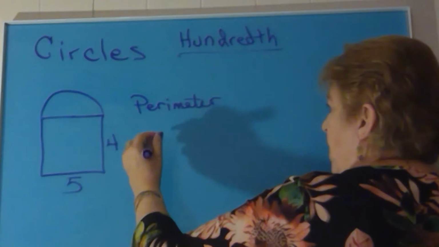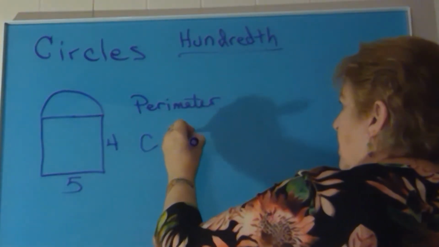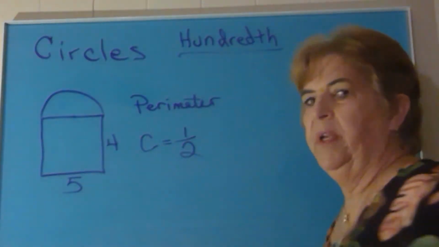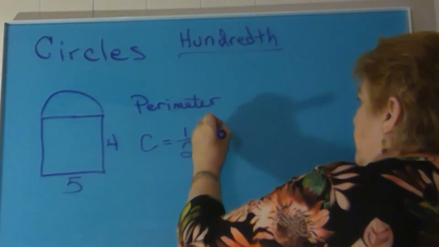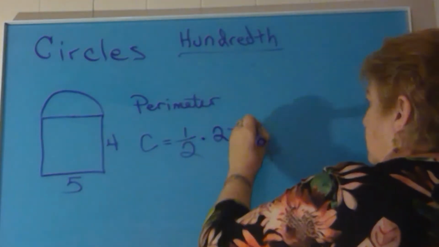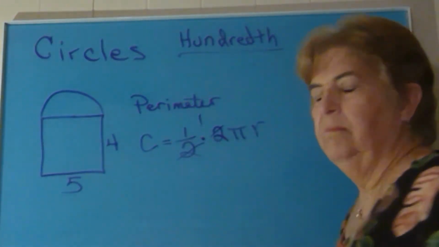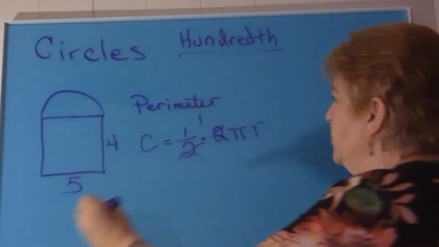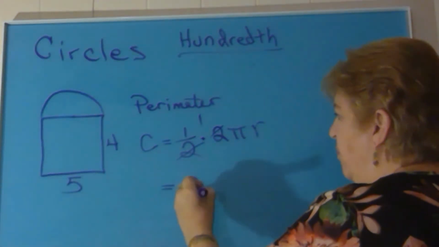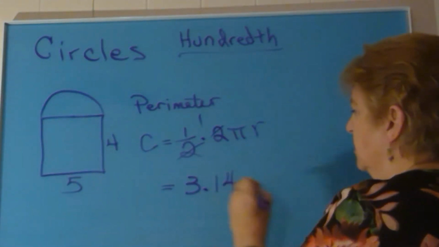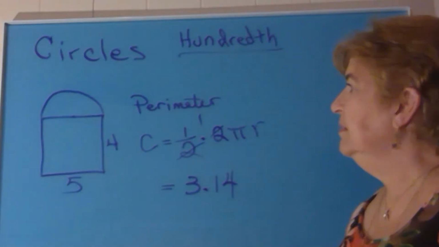So to find the circumference of the circle that we need, it's only half a circle, so we're going to take half of it, and that would be 1/2 times 2 pi r. Well, 1/2 times 2 is 1. So that divides out. Pi is 3.14, and r is the radius.